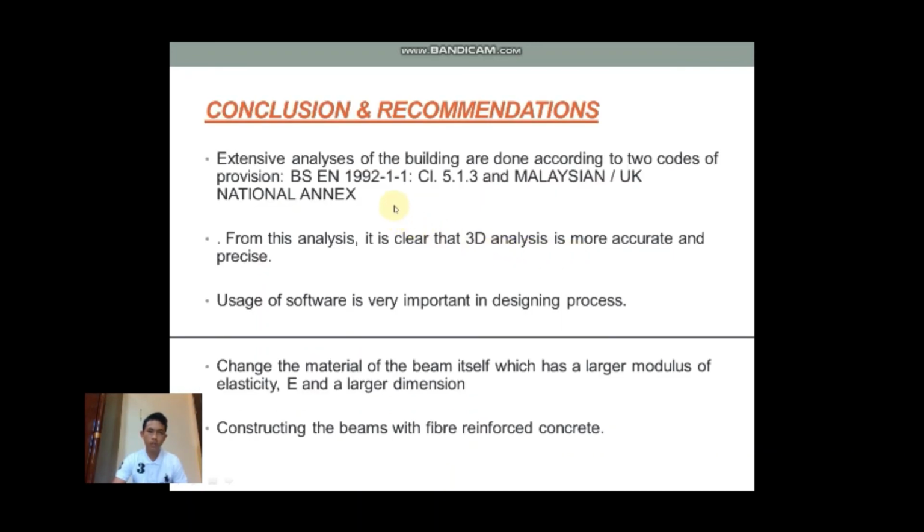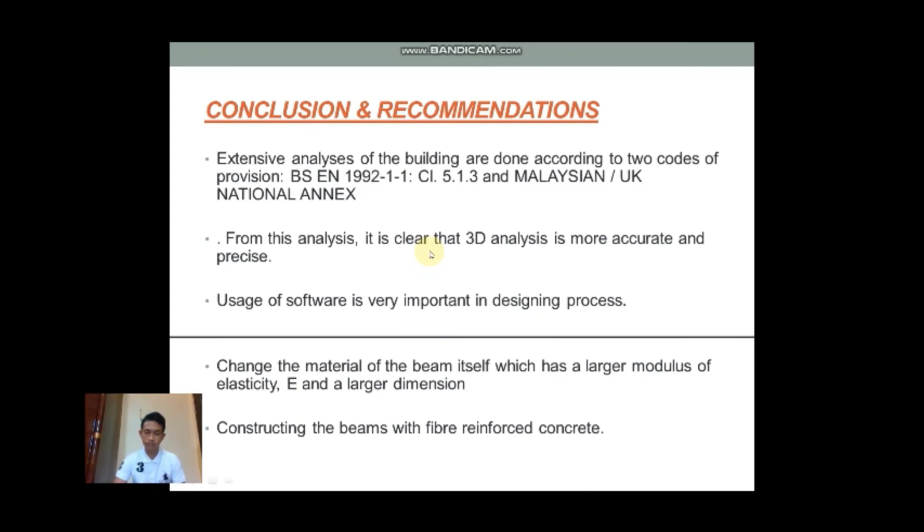Okay, so for the conclusion, we use two types of code, which is BS EN 1992-1-1 and also the Malaysian UK National Annex. From this analysis, it is clear that 3D analysis is more accurate and precise. Why I say that? Because this project requires us to do analysis of 2D and 3D for the building structure.